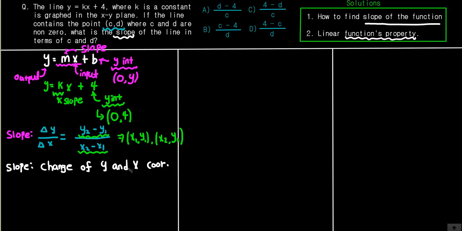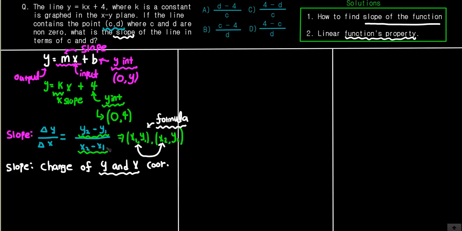The distance between particular two points will be the same along the line. That's why we pick two points, and this is the formula for finding the slope when they give us two points.